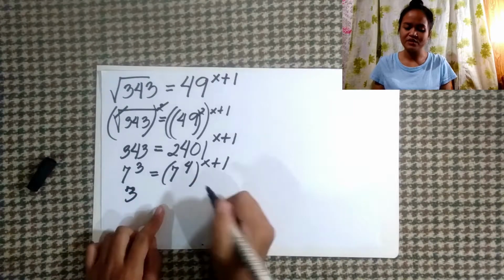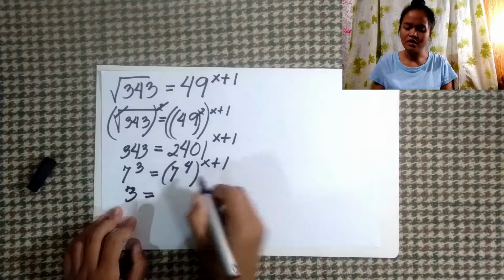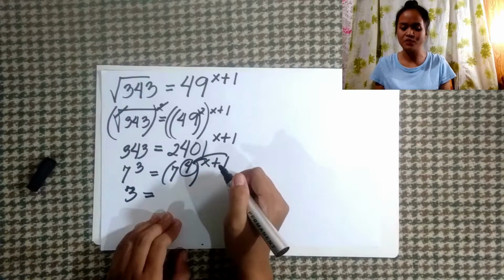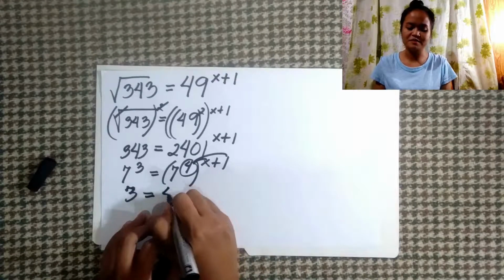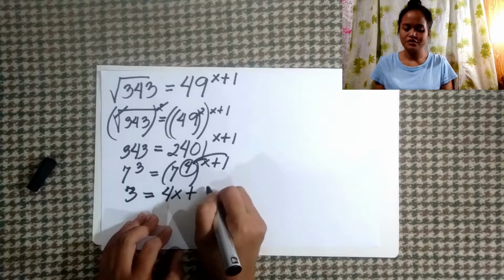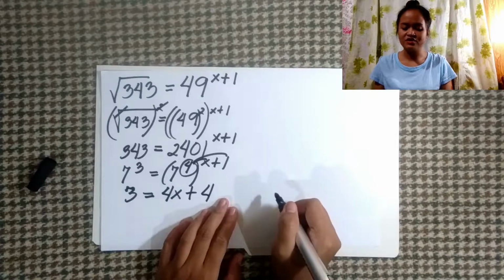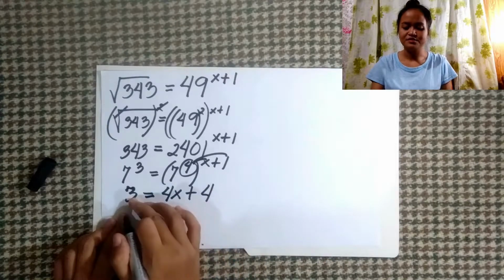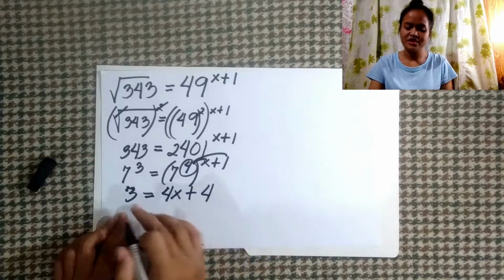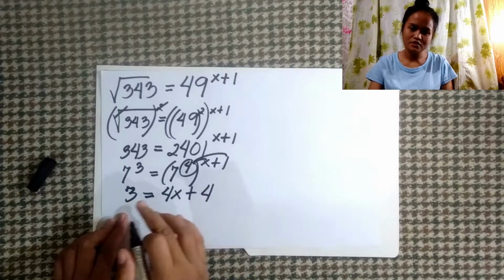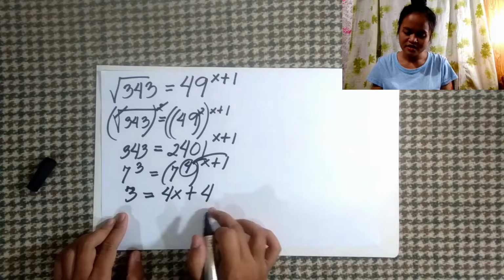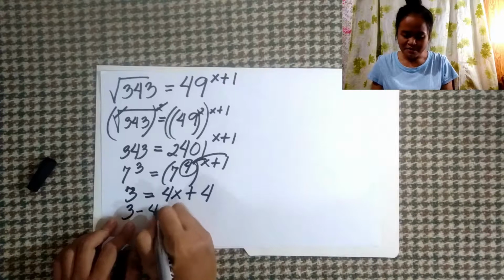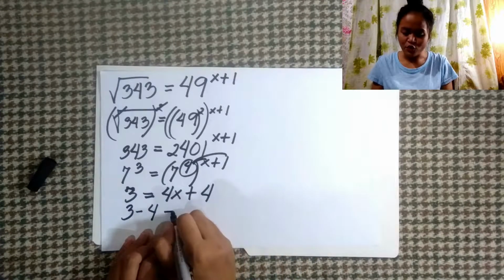So 3 equals, let's distribute 4 with x plus 1. So 4 times x and 4 times 1. We have 4x plus 4. So combining like terms or addition property of equality here, this will give us 3 minus 4 equals 4x.